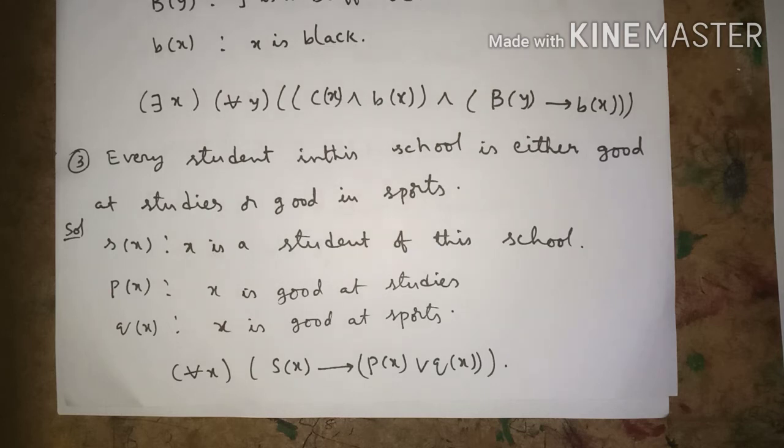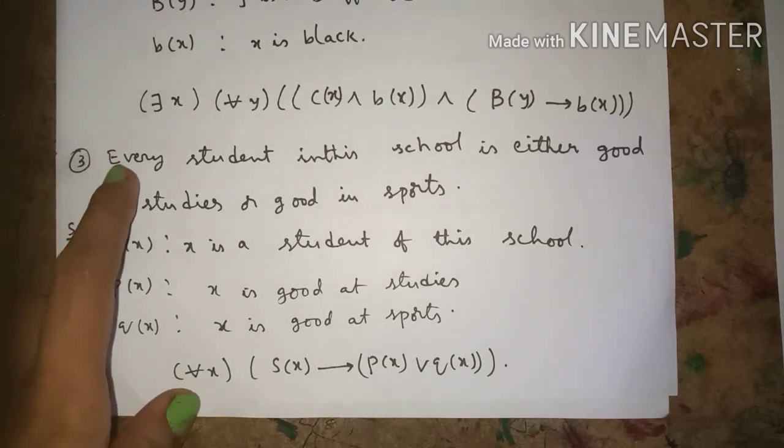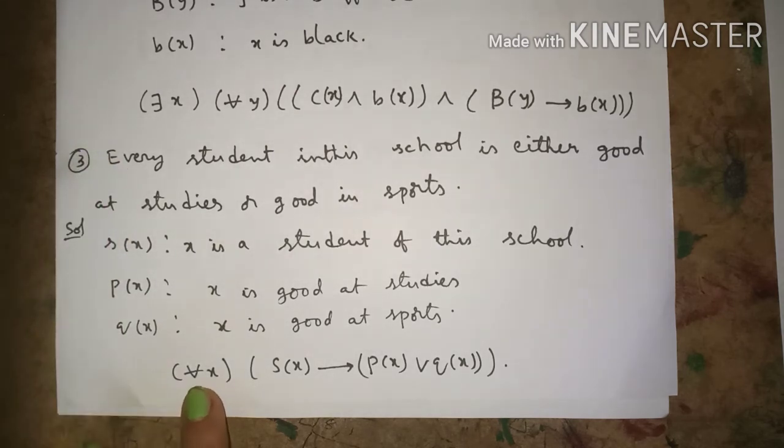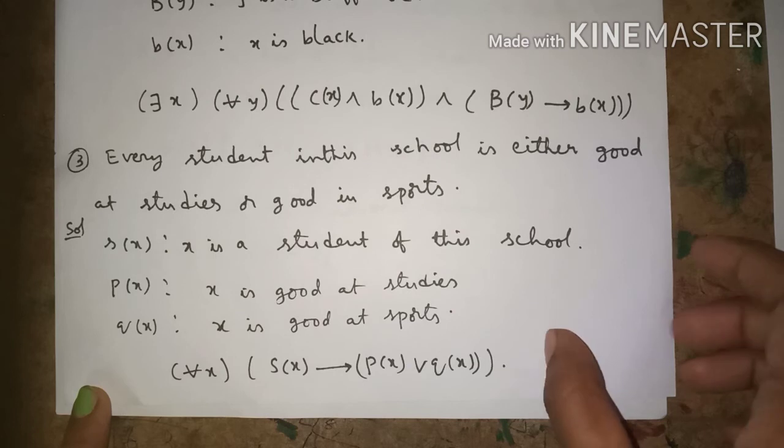P of x means x is good at studies. Q of x means x is good at sports. Since we used every, for all x, if S of x, then P of x or Q of x. Like this we can symbolize.